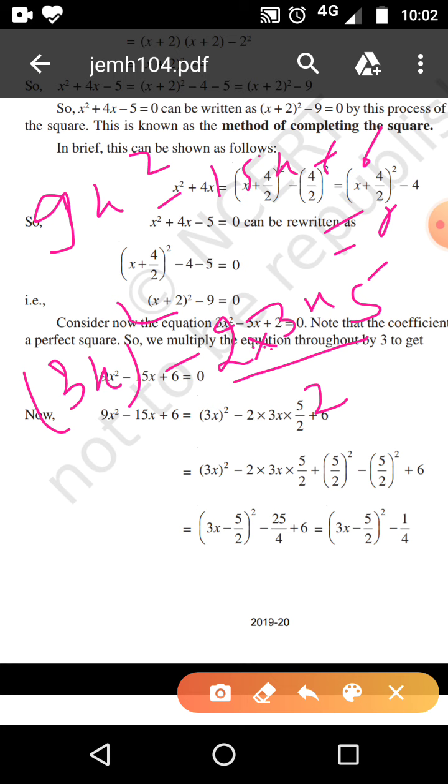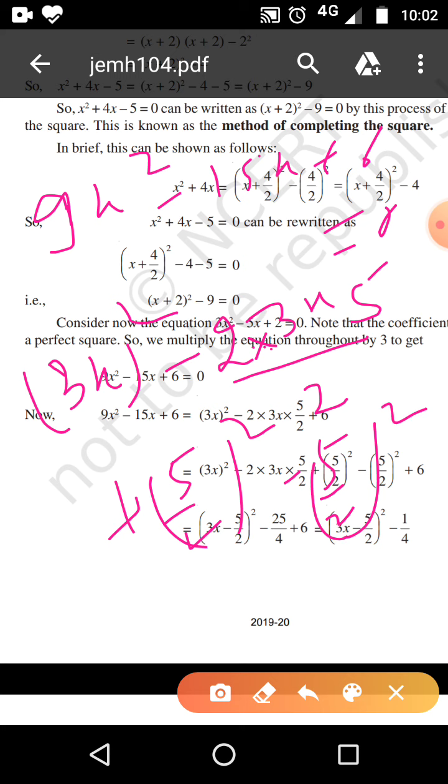So what is the value of b? 2ab, a is 3x already, so b is 5 by 2. So plus 5 by 2 whole square and minus 5 by 2 whole square, and plus 6 is equal to 0. So this is the whole process.